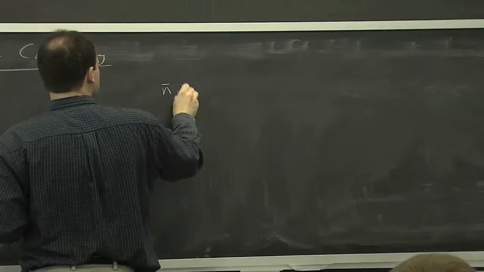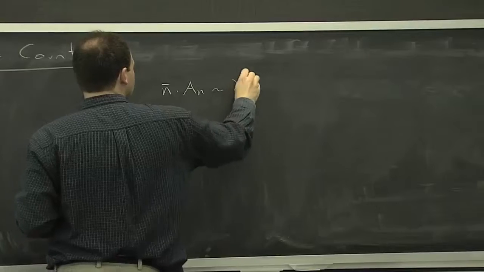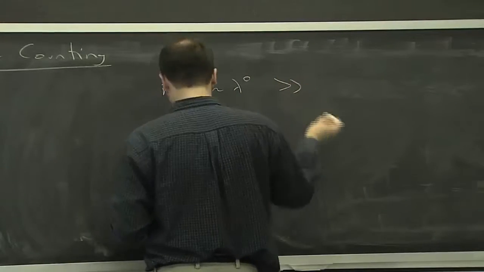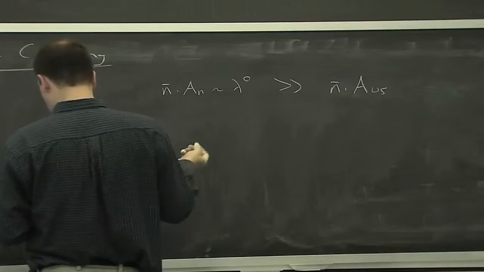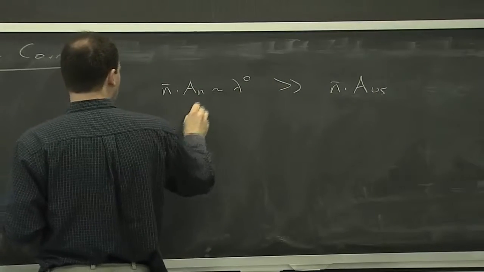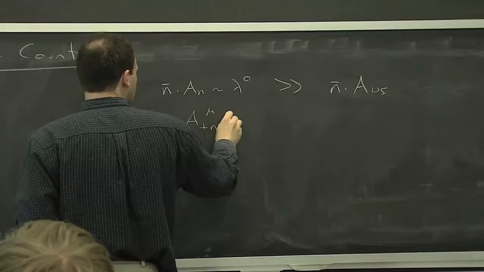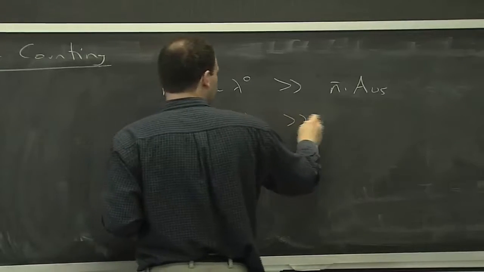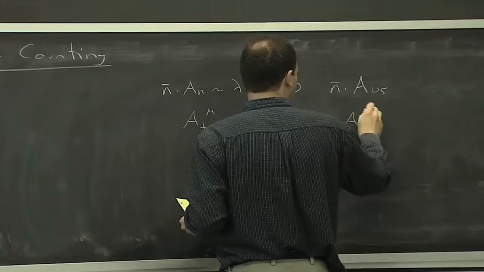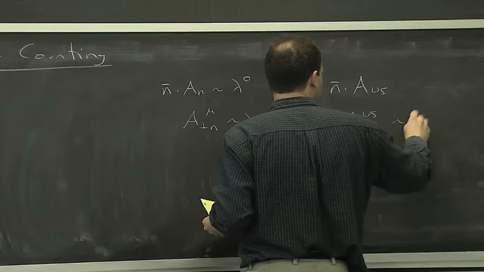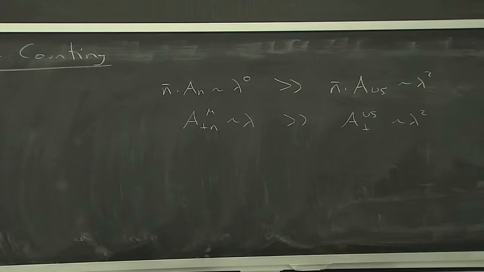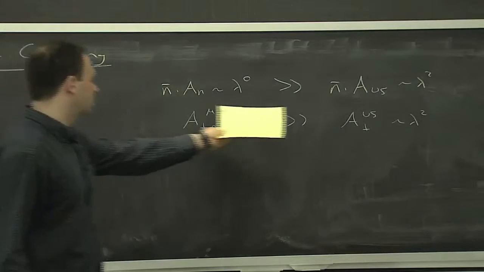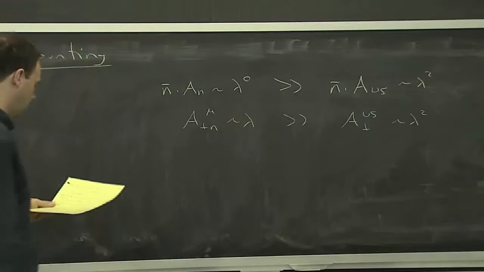So the power counting is that n bar dot A n is order lambda to the 0, and so is much greater than n bar dot A ultrasoft, which is order lambda squared. Same for A perp n, that's of order lambda. That's much greater than A perp ultrasoft. And so those two formulas mean that whenever I have a comparison between this and this, I can always drop the smaller one.